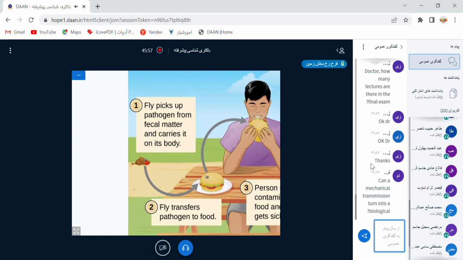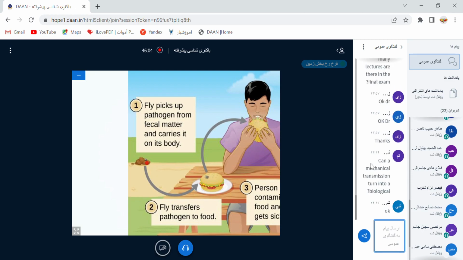This fly is not sick because of the presence of the pathogen. This fly which carries the bacteria cannot be the biological vector.